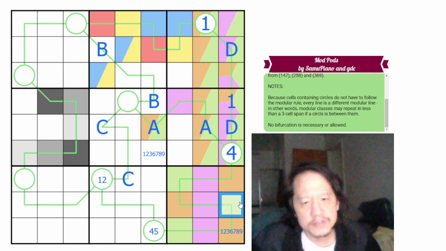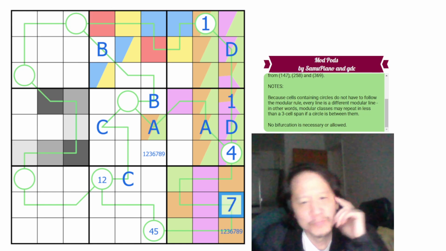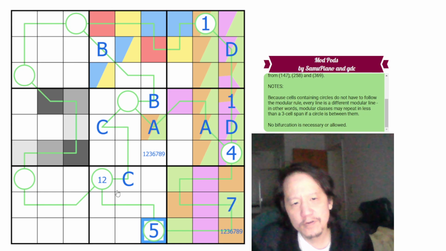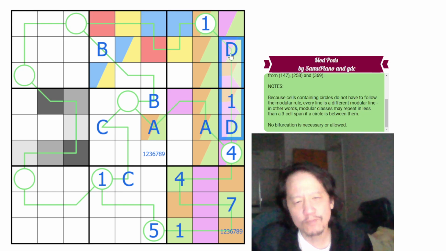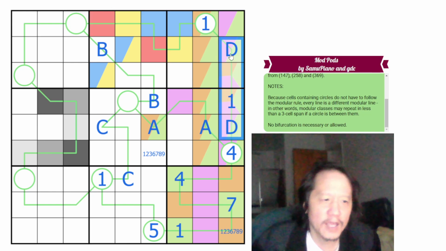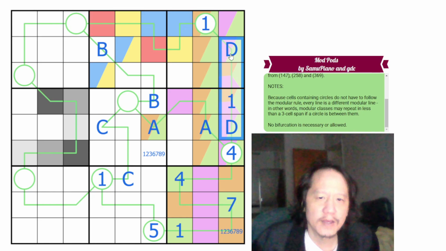This would then be 7. This would be 5. So this would have to be 1 also. So this would then be 4, which would make that 1, if that's the case. Then what would you have? You can't have a 4 involved to add up to 14.